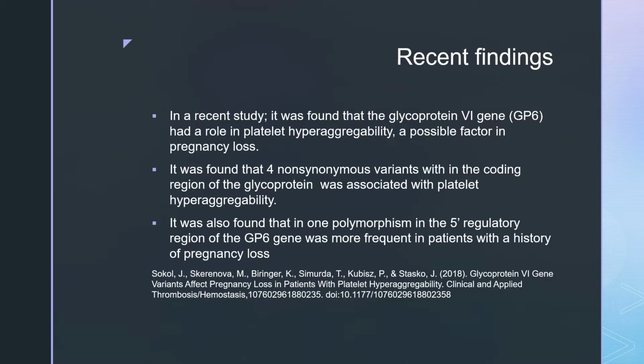It was found that 4 non-synonymous variants within the coding region of the glycoprotein were associated with platelet hyperaggregability. It was also found that one polymorphism in the 5' regulatory region of the GP6 gene was more frequent in patients with a history of pregnancy loss.